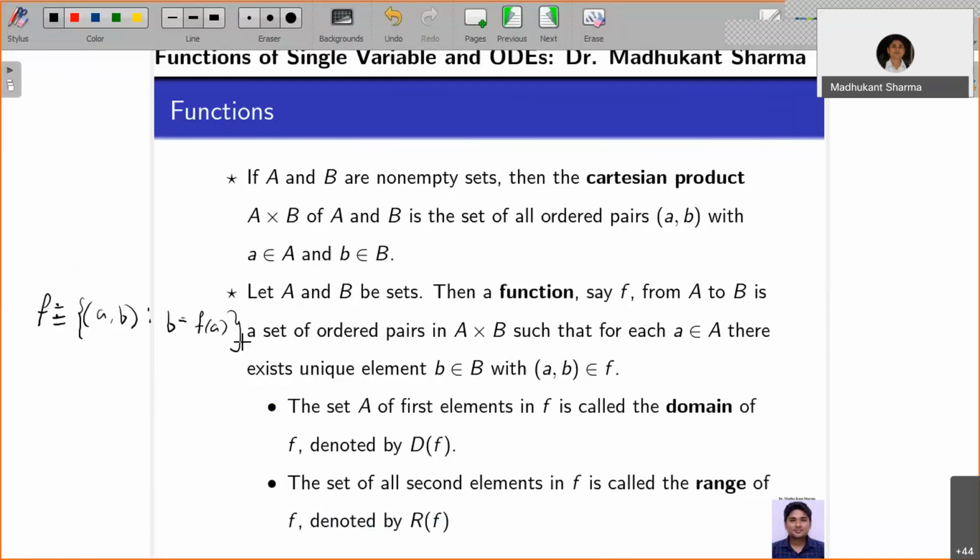The set A of first elements in f is called the domain of f. We denote it by D of f. The set of all second elements in f is called the range of f. We denote it by R of f. Again, I wish to specifically tell you that it's going to be the collection of all f of X such that X belongs to A.